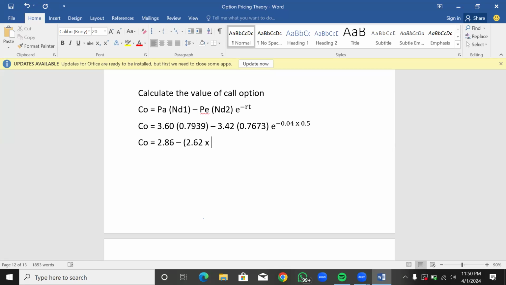So remain the exponential, yeah? I guess 0.480.